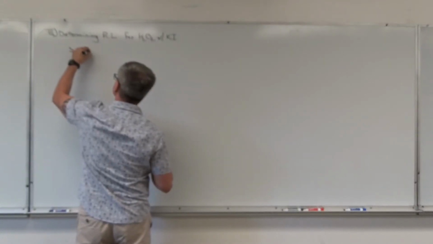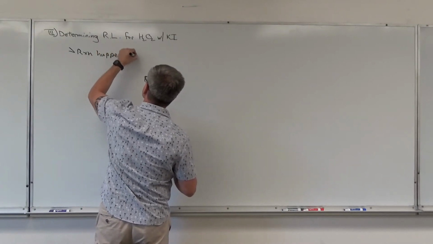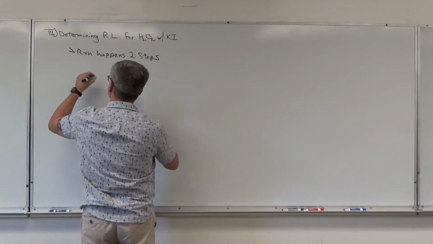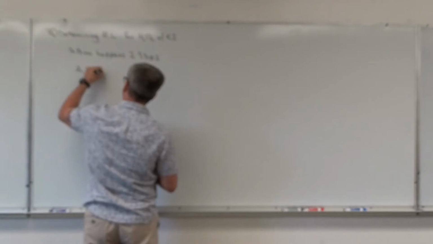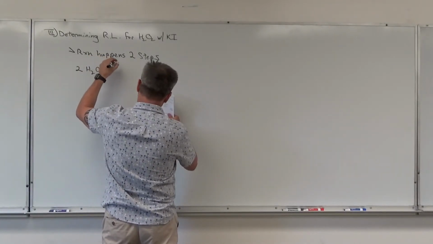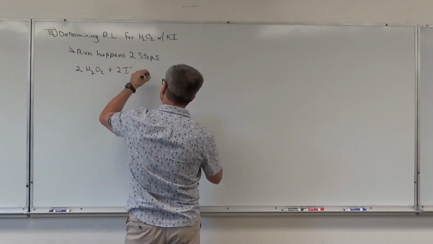Reaction happens in 2 steps. Hydrogen peroxide plus 2 iodide. You may wonder, by the way, all my coefficients here are going to be 2.